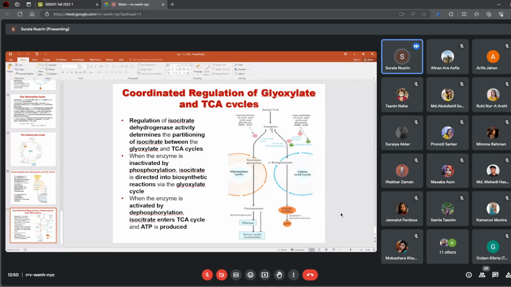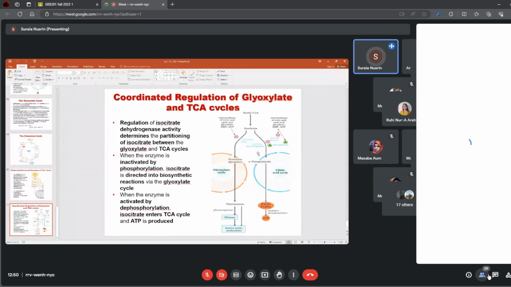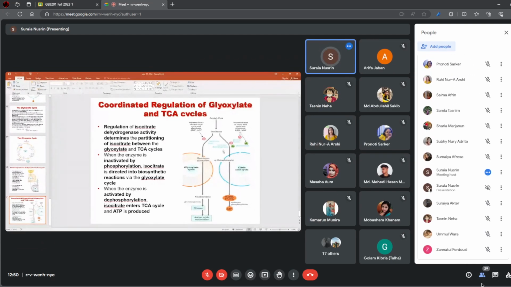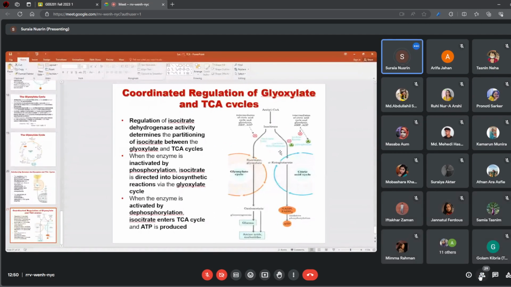So isocitrate here is controlled by the inactivation of the enzyme isocitrate dehydrogenase by phosphorylation and dephosphorylation. If it is phosphorylated, the enzyme cannot catalyze isocitrate, then the isocitrate is cleaved by isocitrate lyase, which generates succinate. Okay, that is the glyoxylate pathway.